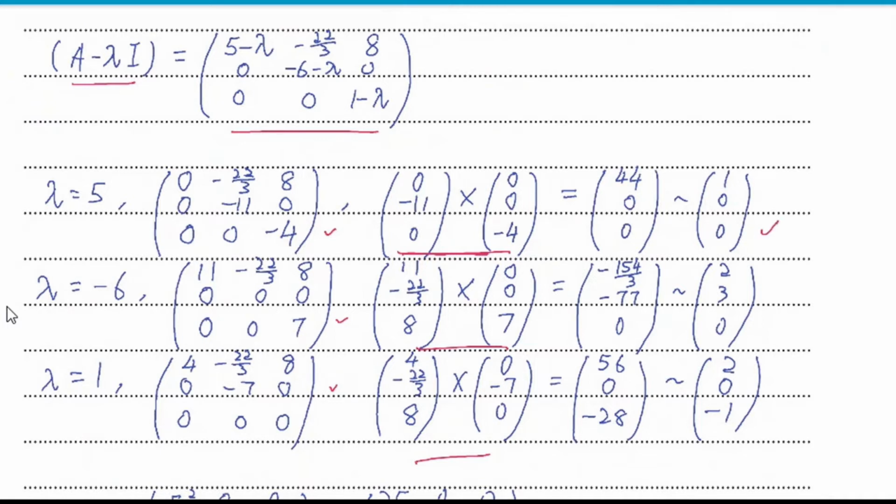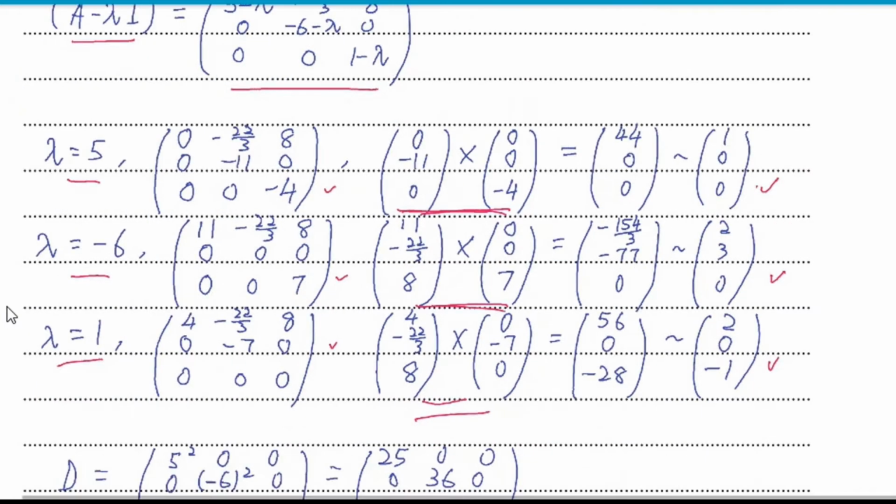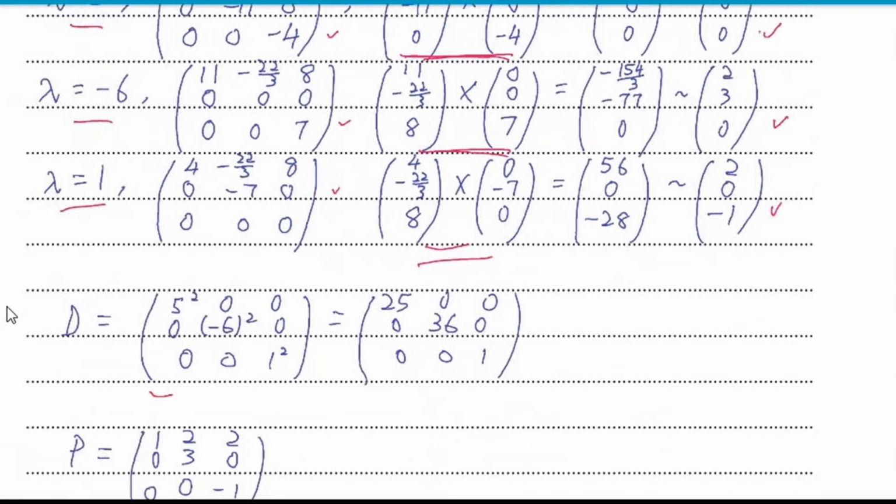After that, when we cross the two rows for each of the three eigenvalues, we get the eigenvectors. So these are the eigenvectors for A, and matrix D is the square of the original eigenvalues.